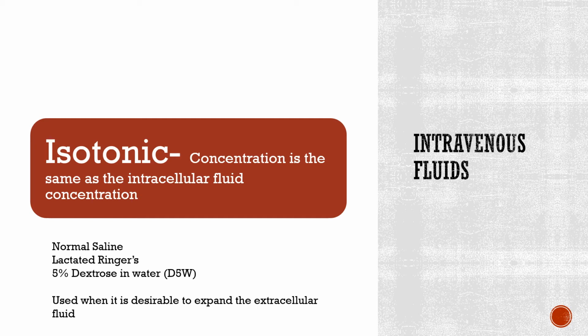And it's a favorite for surgeons to use pre-surgery, and maybe finish out the bag once they're back on the floor, and then most surgeons will have you switch back to normal saline, because some of those electrolytes are lost during surgery, but they don't need to be consistently being replaced over long periods of time. Okay, so isotonic is used when it's desirable to expand the extracellular fluid or just maintain homeostasis.